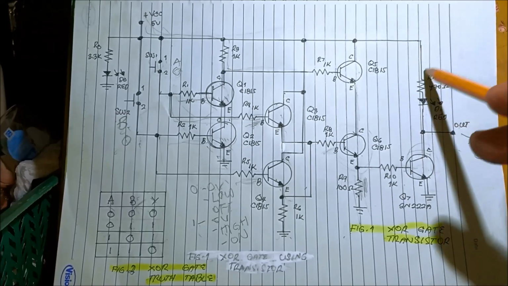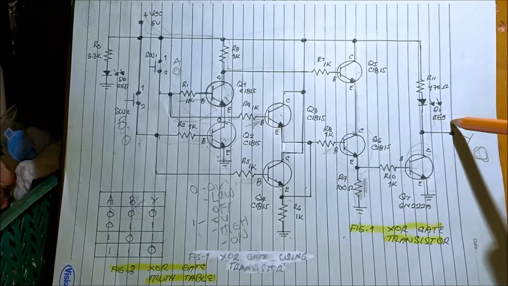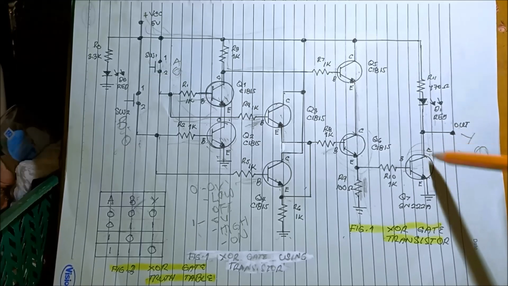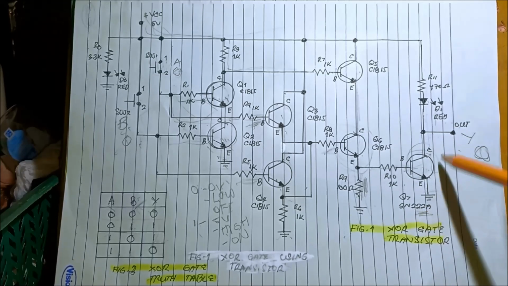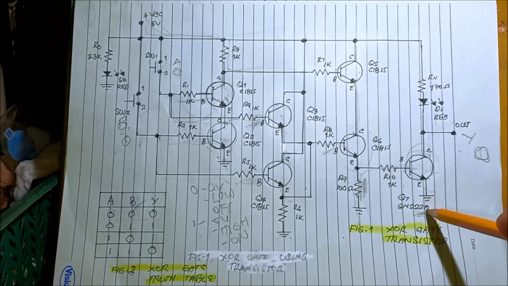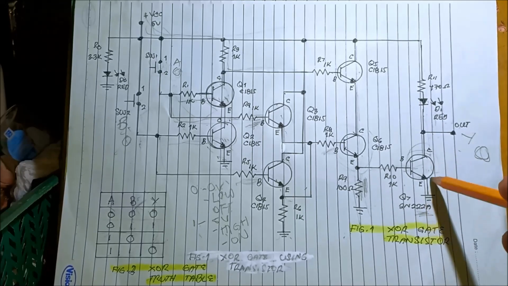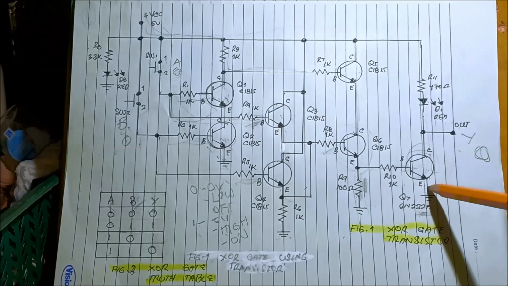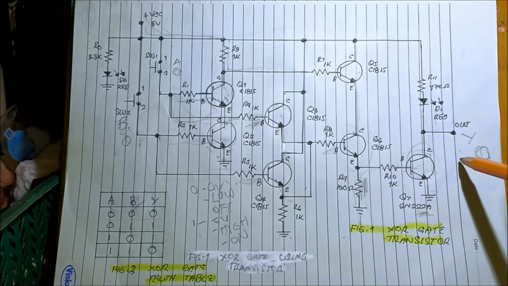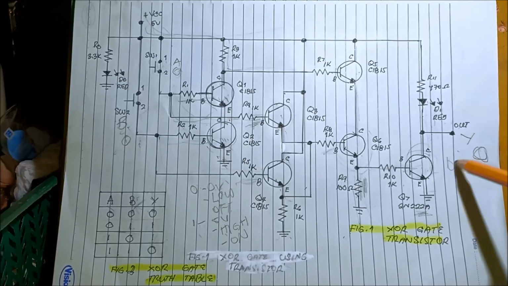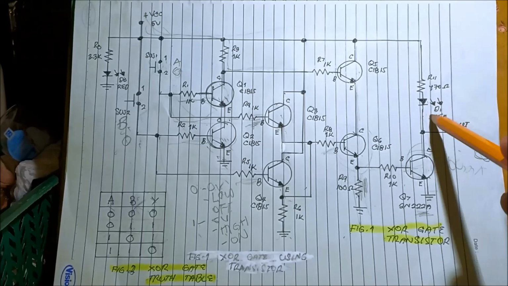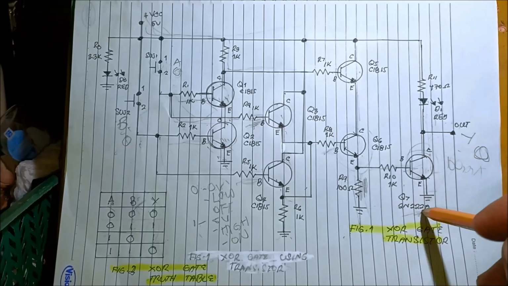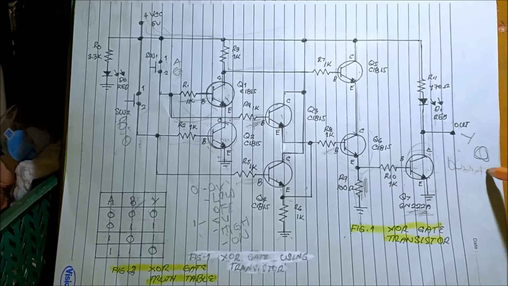We can connect as many LEDs as we like, as long as the collector current for the transistor is not more than, I think, the collector current that this transistor can handle, which is around 100 milliamperes. So we can connect 5 LEDs, but I think this is around up to 500 milliamperes.